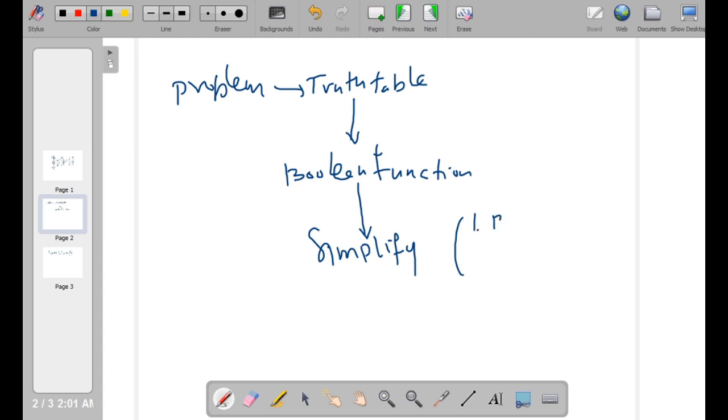First one using Boolean algebra. Then second method is using K-map. And third method is tabulation. There are three methods. Then we will construct the circuit of the simplified Boolean function.